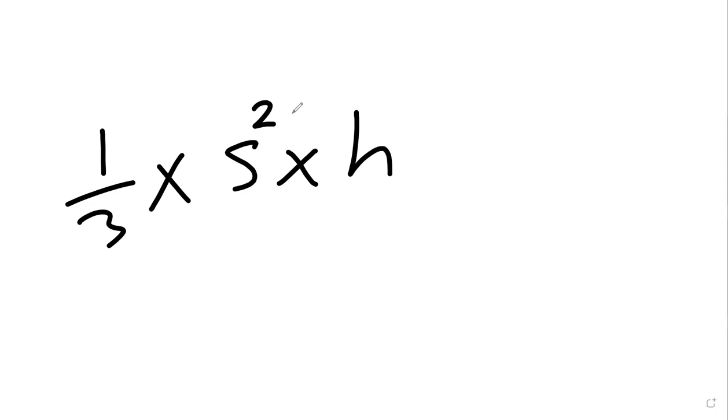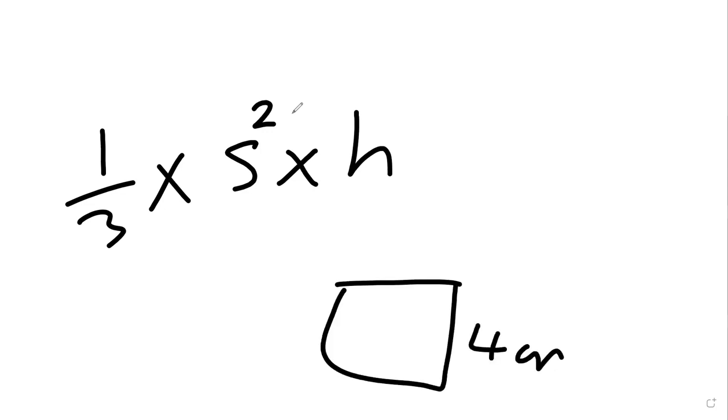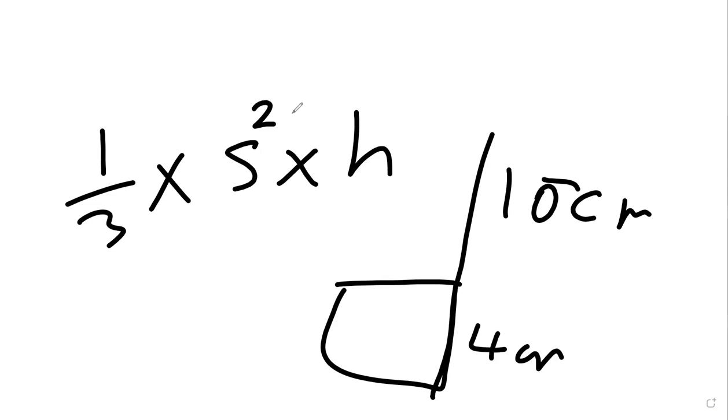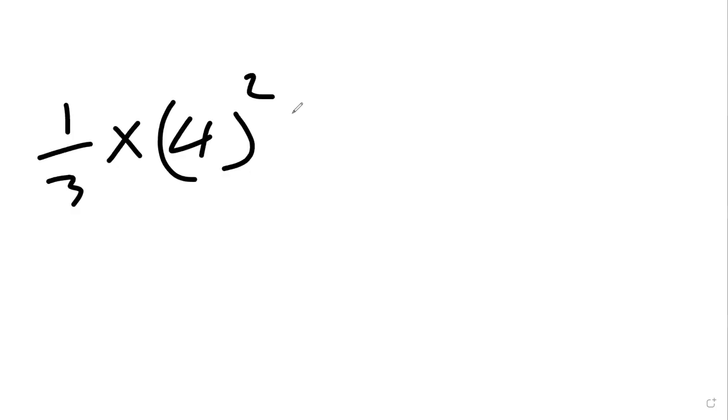And so let's say our square side is 4 centimeters, and let's say our height is 10 centimeters. Now, what would be the volume of this square pyramid? All we need to do is plug the values into the formula. So we do 1/3 times 4 squared times 10.